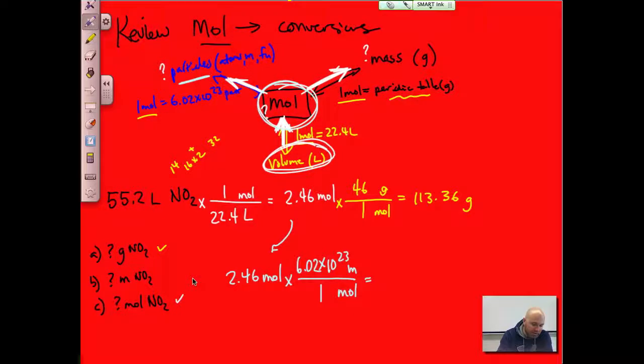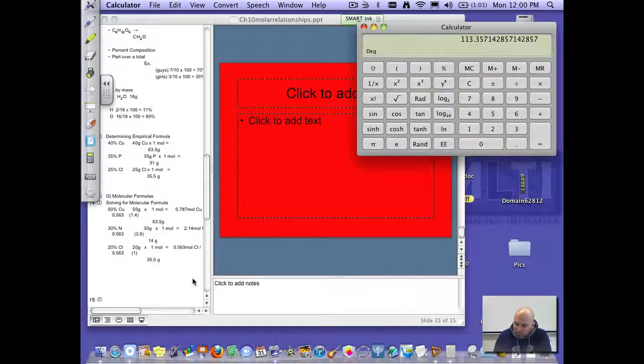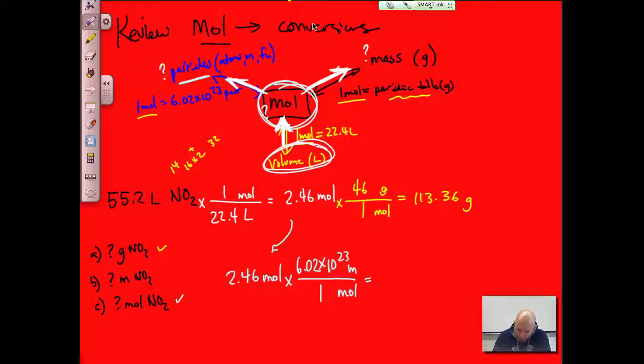So 2.46 times, whoops, I don't think I got my point. Let's clear that. 2.46 times 6.02 EE, that means times 10 to the 23rd, equals 1.48 times 10 to the 24th. So 1.48 times 10 to the 24th molecules.